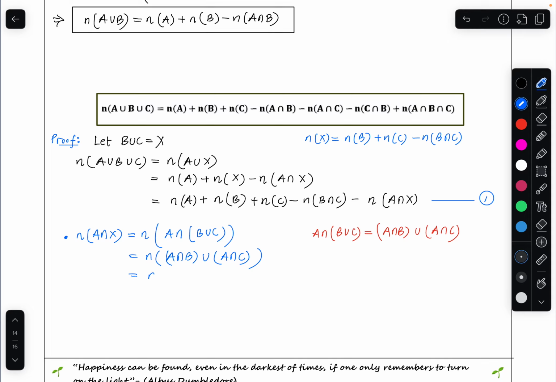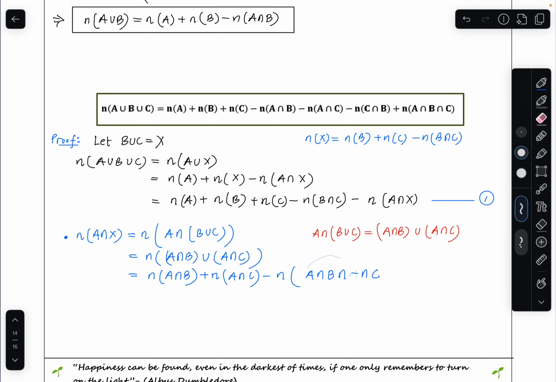The union would be number of elements in A intersection B plus number of elements in A intersection C minus number of elements in (A intersection B) intersection (A intersection C). A intersection A is anyway going to be equal to A itself, so let me just take one of them only. It's the same as A intersection B intersection C. Now I can use the two results that I have.